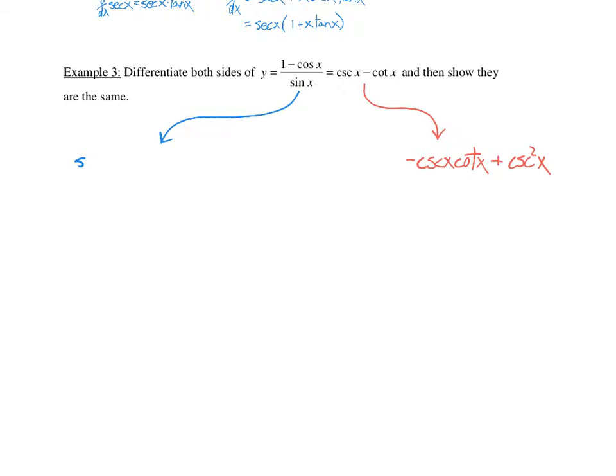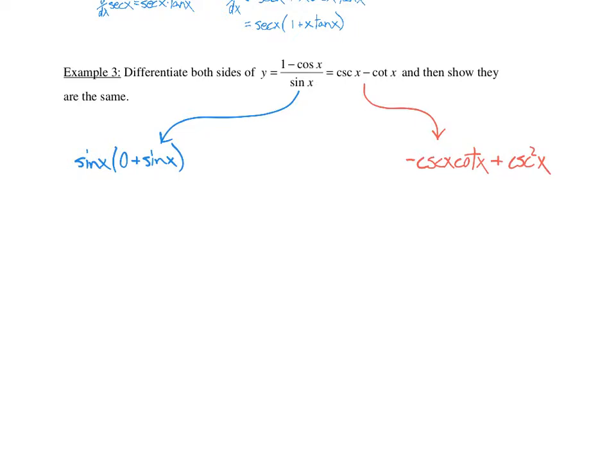So low times the derivative of the top. What's the derivative of our top here? Sine x. Because it's minus, it would be 0 minus a negative sine x. Go ahead and write it out if it helps, okay?